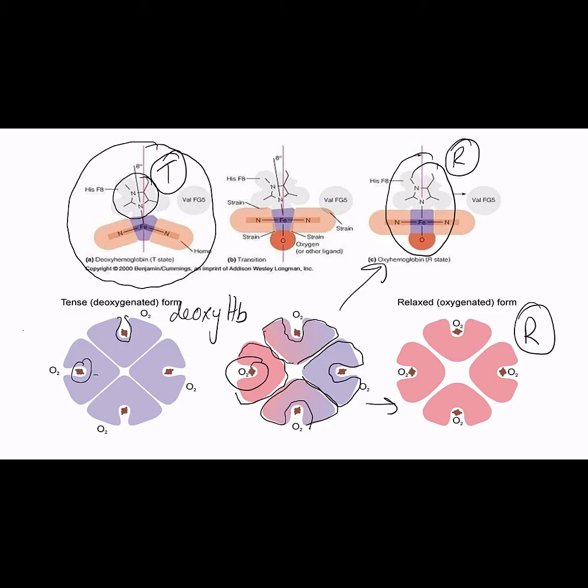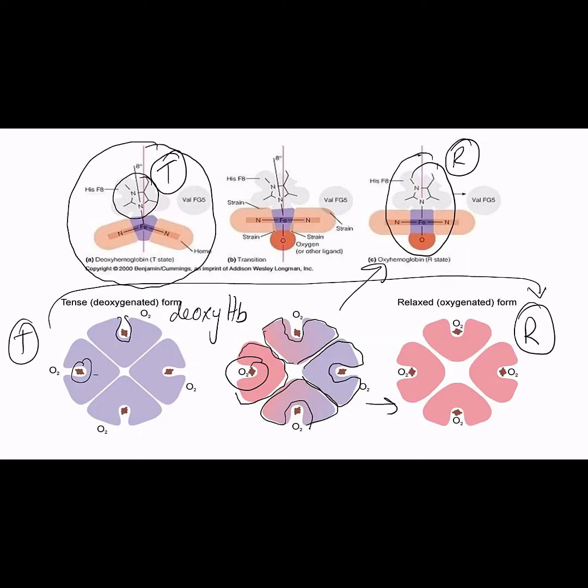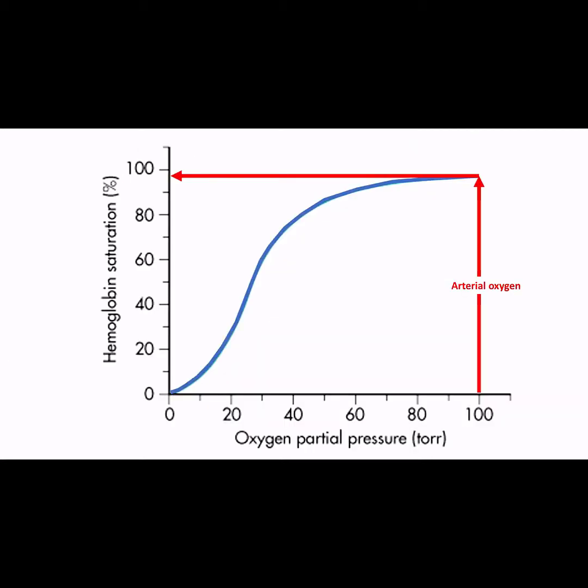It goes from a tense state over here to a relaxed state over here. And you can see that the pores have increased their size, so it's improved the affinity. And that explains why, as you go up the oxygen haemoglobin dissociation curve, the steepness of the curve increases, and that's because of cooperativity.